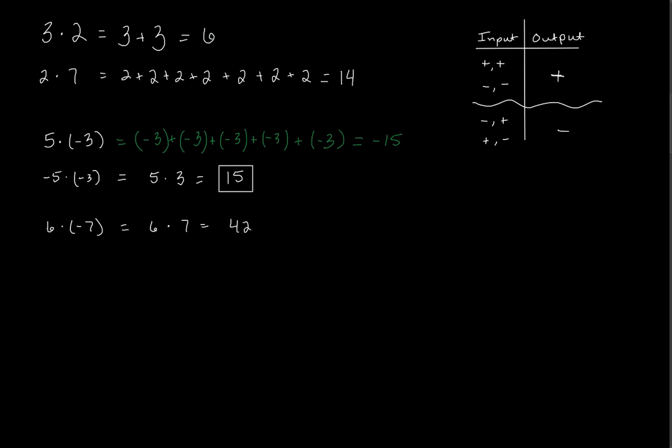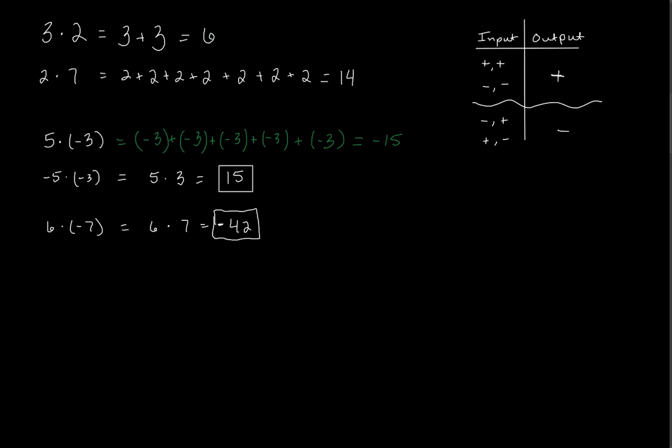And because I had a positive times a negative, or the opposite signs, this actually will stay a negative. Okay, so 6 times a -7 should give us a -42. So when you're multiplying these kinds of numbers, you need to make sure that you're checking the sign.